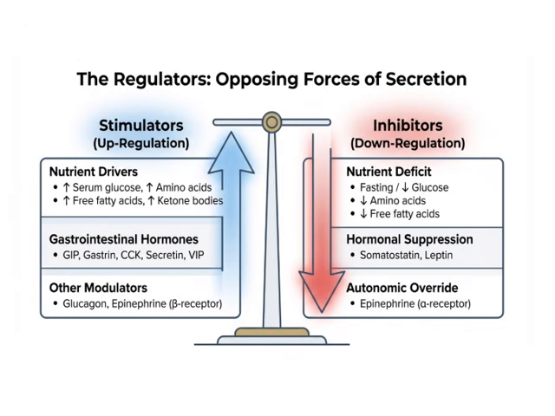We also see inhibitors including nutrient deficit like fasting or low glucose levels, and hormone suppression from somatostatin, and the autonomic nervous system can also override these signals, like epinephrine through alpha-2 receptors, and can inhibit the secretion during stress.